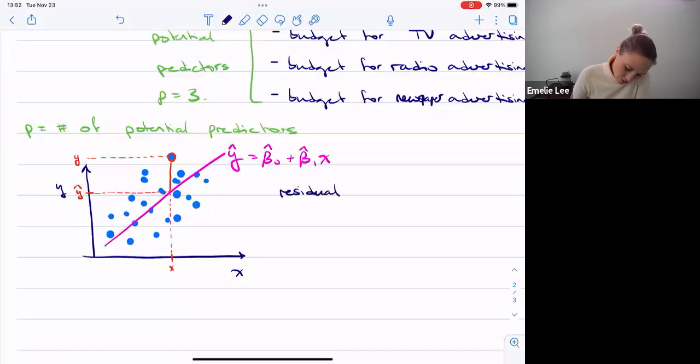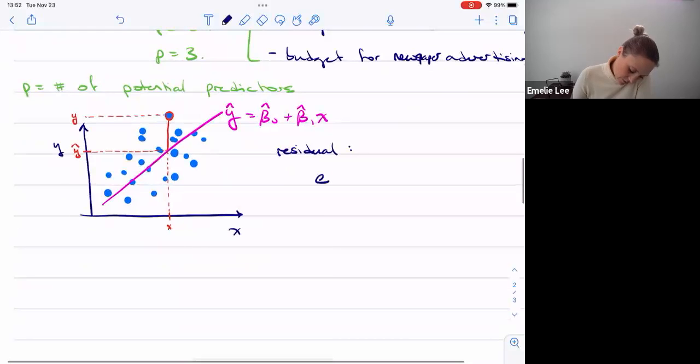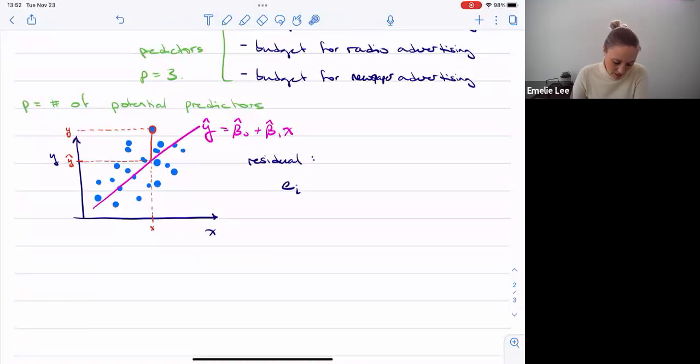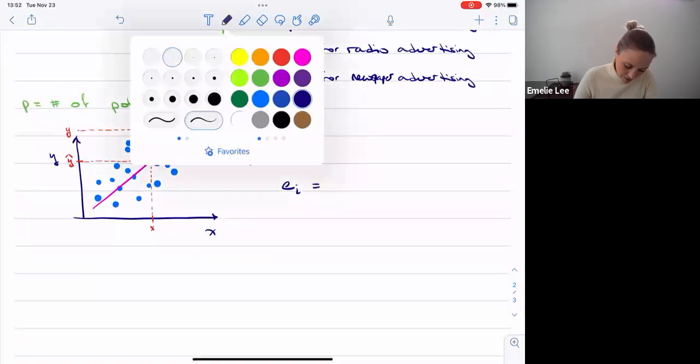So the residual is, for some i, because each of these points is going to have a residual, it's going to have some distance from the line, right? So e i for the error.